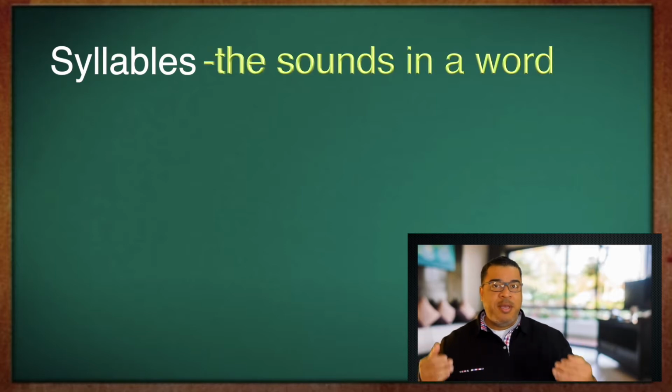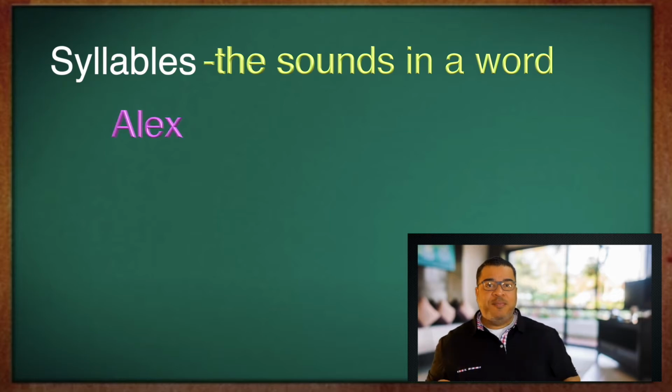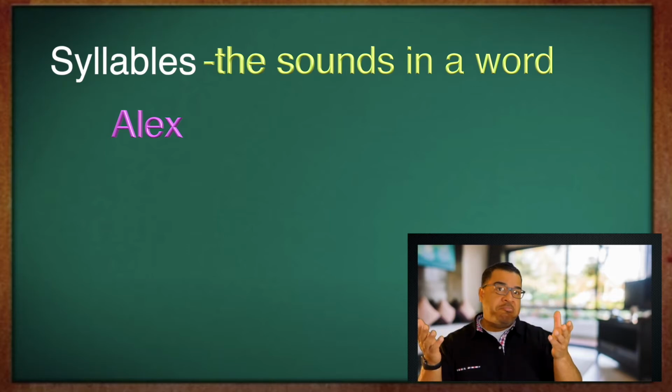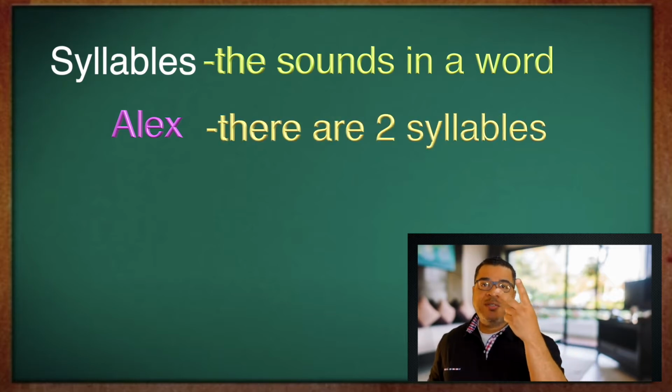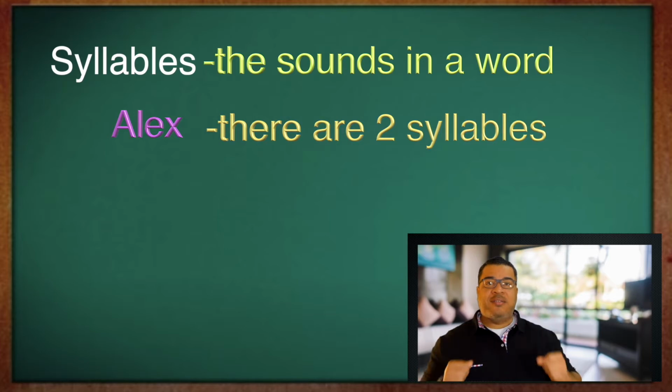For example, my name, Alex. How many sounds do you hear? How many syllables do you hear? Alex. So syllables and sounds are the same thing. So in my name, there are 2 syllables. There are 2 sounds. Alex.